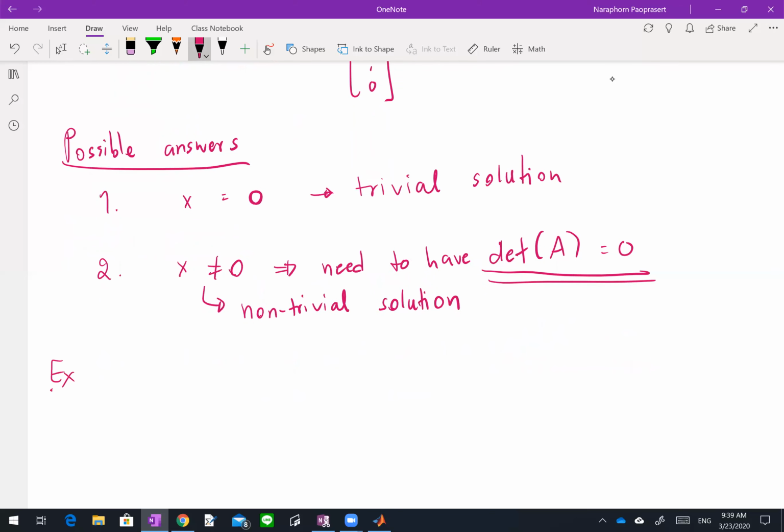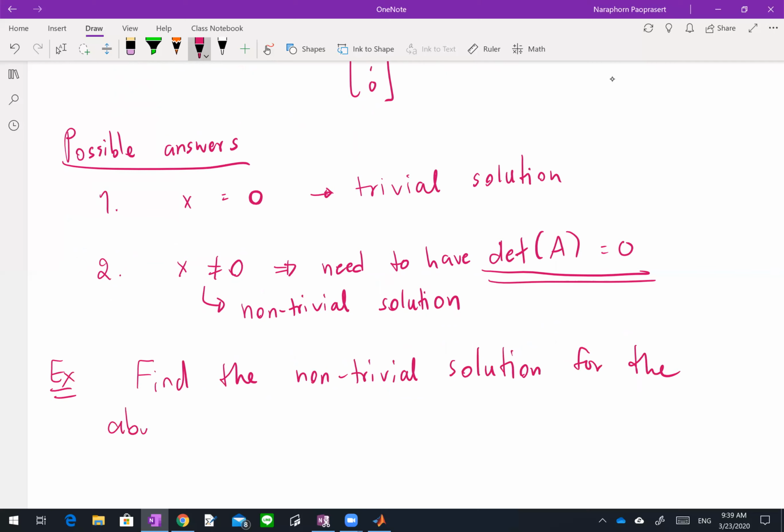So let's see, for example, find the non-trivial solution for the following system of equations.